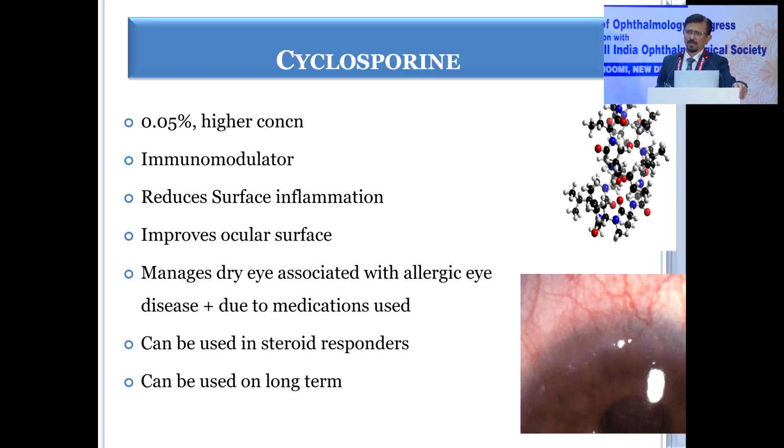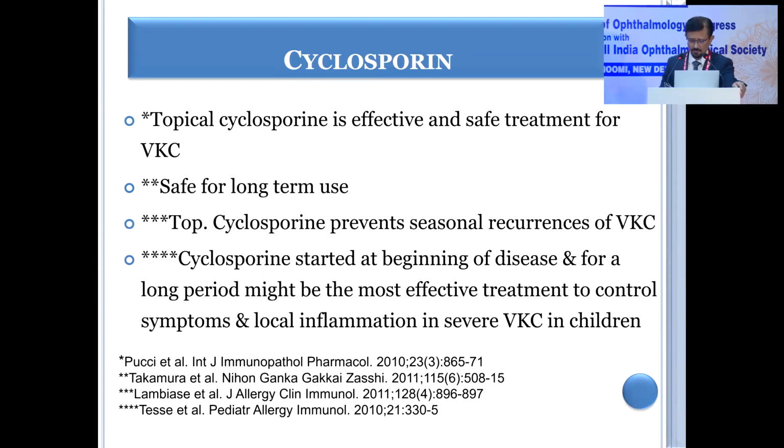We had done a study long back with 2% cyclosporin in prevention of graft rejection, and found that the systemic concentration was much below the concentration that can cause toxicity. The commercially available drugs are up to 0.1%, so it's not going to cause any problem, and it is a very effective immunomodulator.